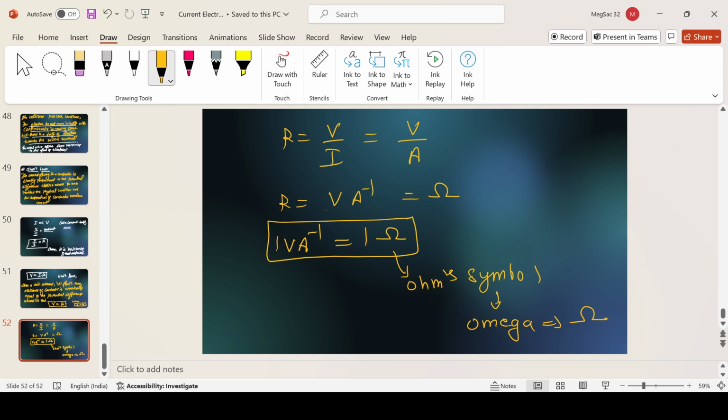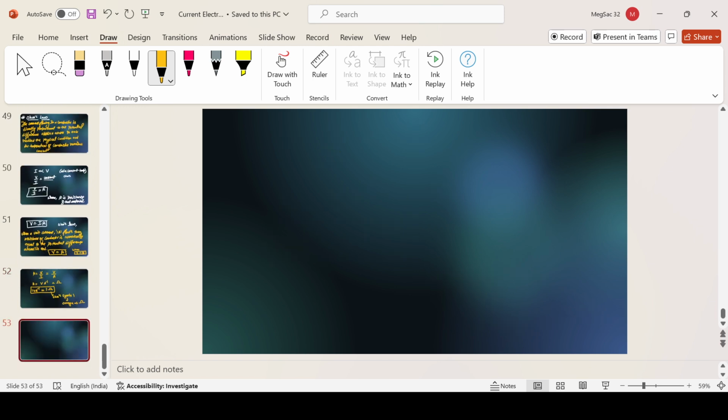So we need to define 1 ohm also. What is 1 ohm?